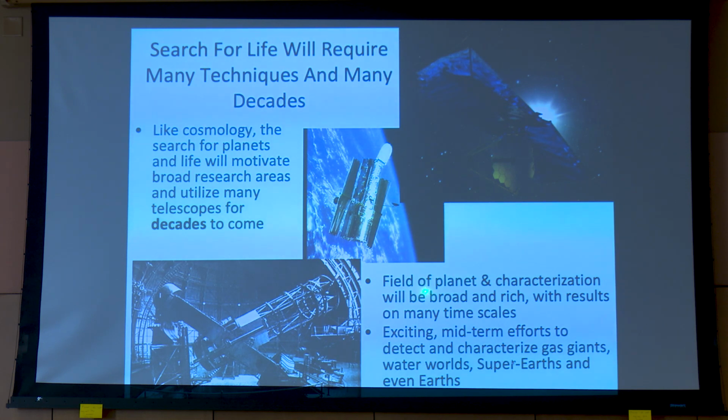So exoplanet finding and characterization will be broad and rich, as was cosmology all during this time, on many time scales, and that's important for keeping people engaged in the field. There's going to be lots of exciting midterm efforts to characterize everything from gas giants to super-Earths with Webb.